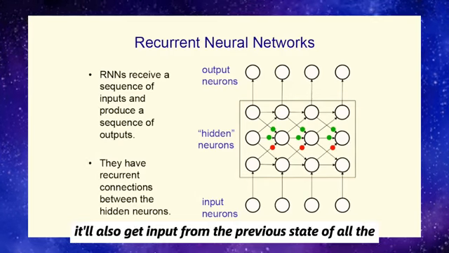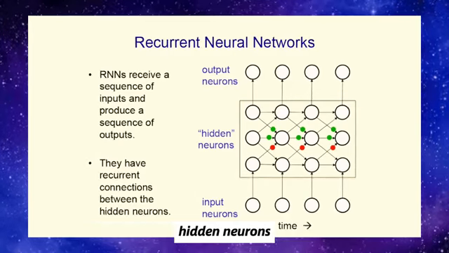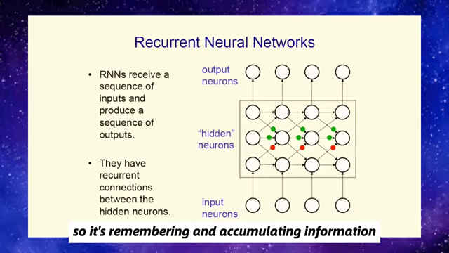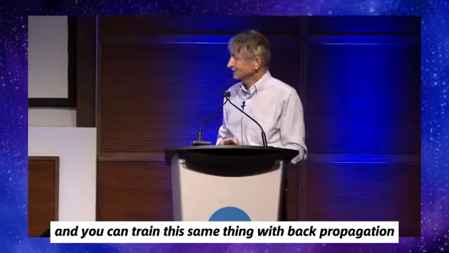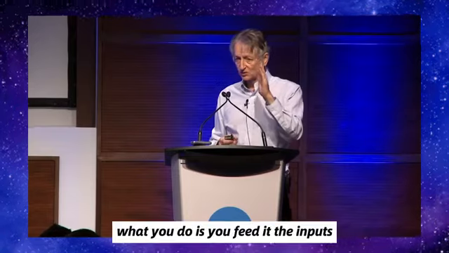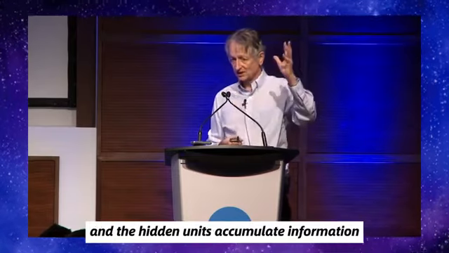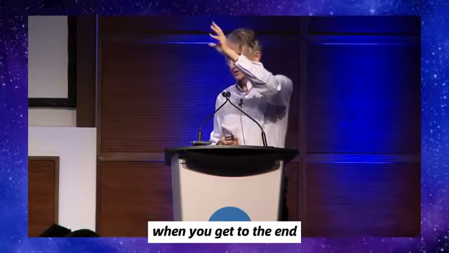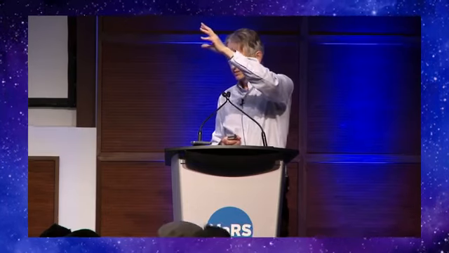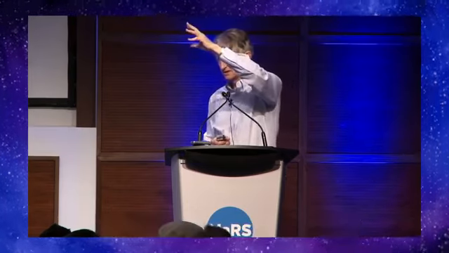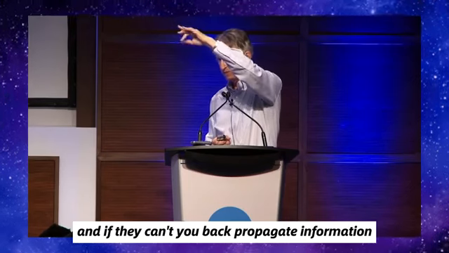It'll also get input from the previous state of all the hidden neurons. So it's remembering and accumulating information. And you can train this same thing with backpropagation. What you do is you feed it the inputs, and the hidden units accumulate information. When you get to the end, you see if they can produce the right answer. And if they can't, you backpropagate information.